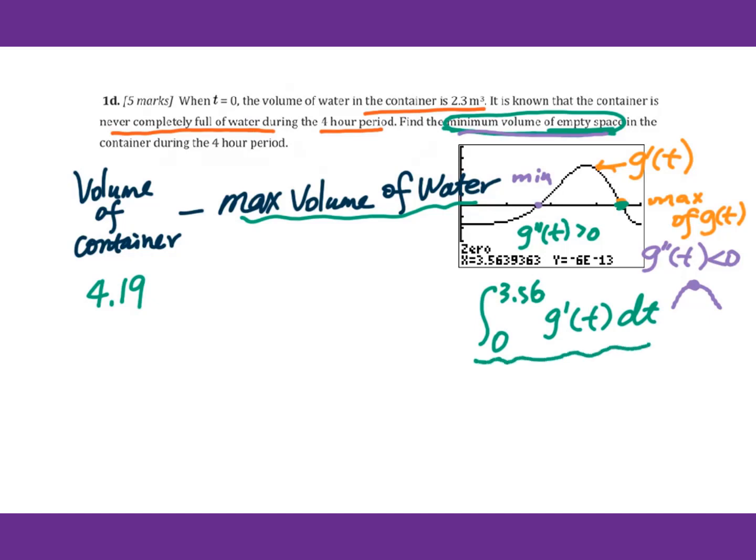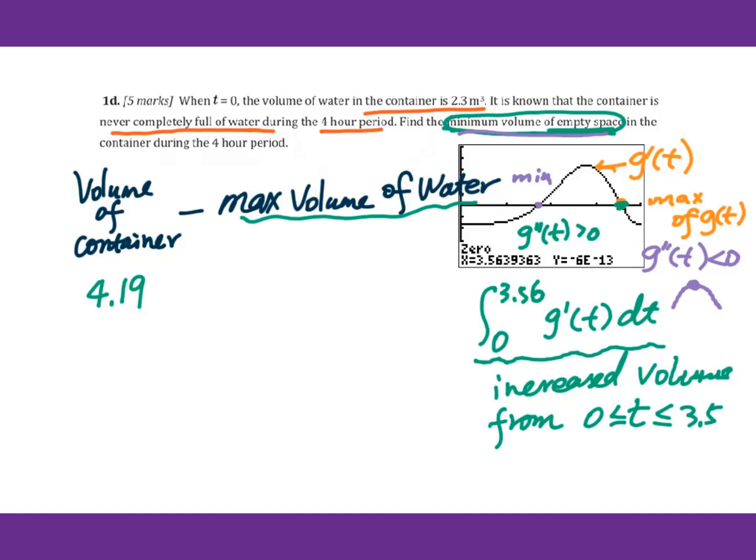This shows the increased volume for t between 0 and 3.56. We know the original volume of water is 2.3, so we add 2.3.